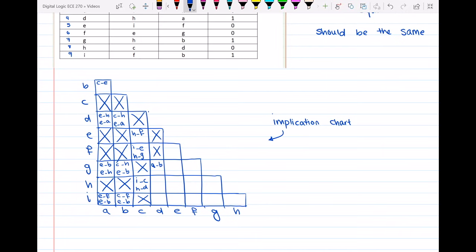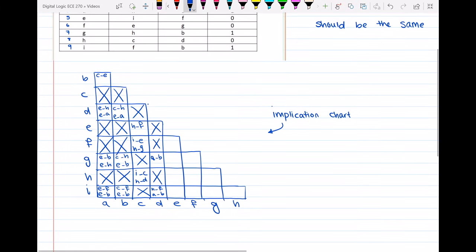Then D and H, they have different outputs, and then D and I, they have the same output, so their condition would be H, F and A, B. All right. Now we go to row E, and compare it with other states. So E and F, they have the same output. So the condition in which they might be equivalent is that I equivalent to E and F equivalent to G.